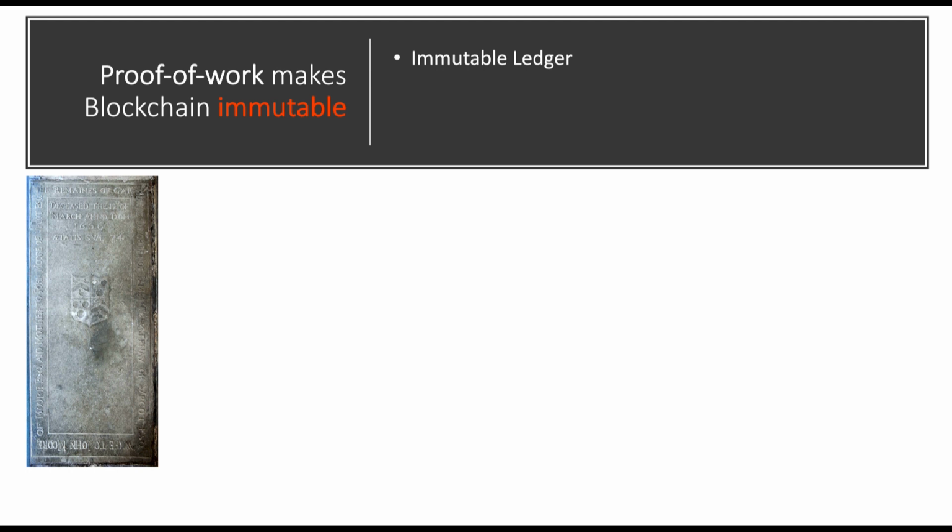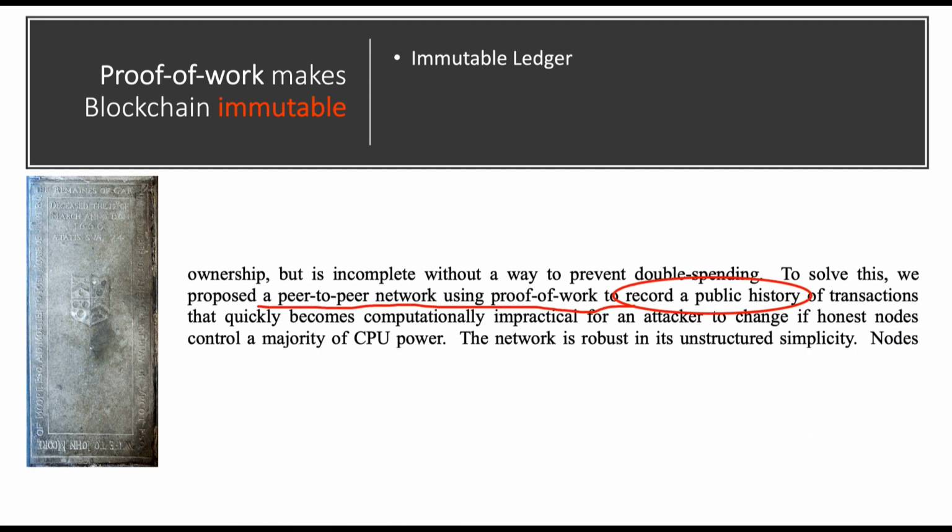We said blockchain is an immutable ledger, so how is this immutability maintained? Let's go back to its definition. We can see here it's achieved by proof of work. Proof of work makes blockchain immutable and transparent to every node. This work is done by mining nodes, which we can call miners.